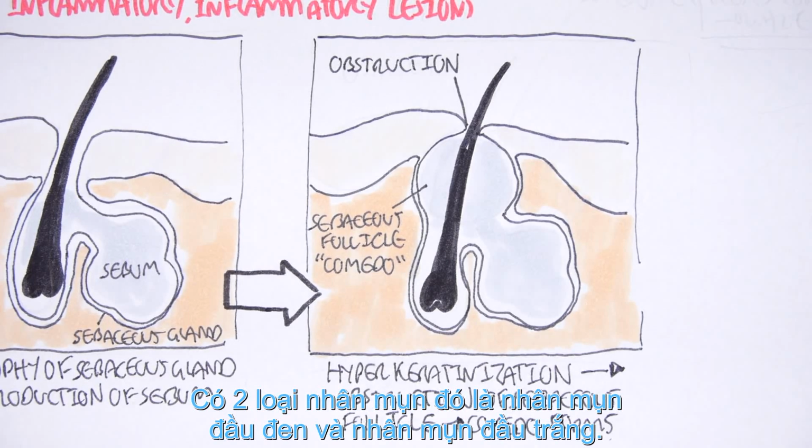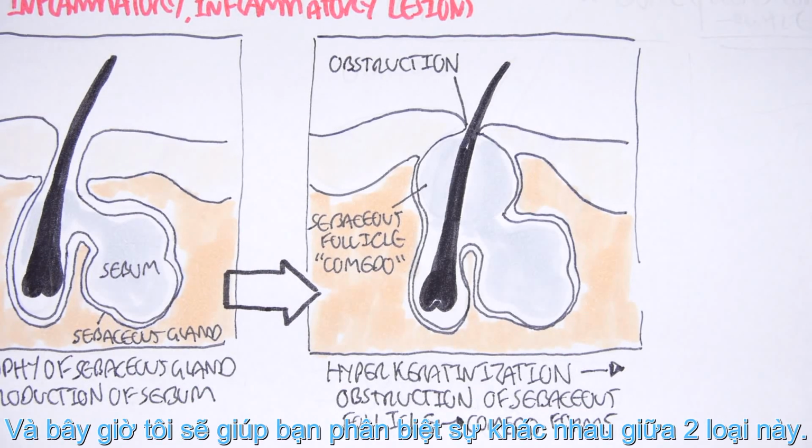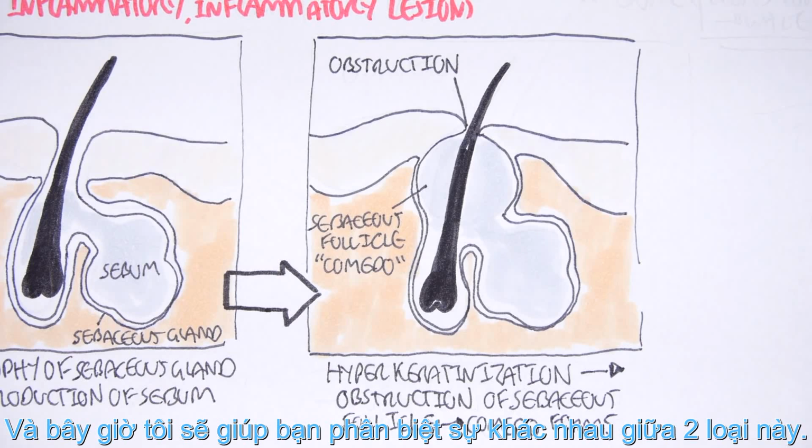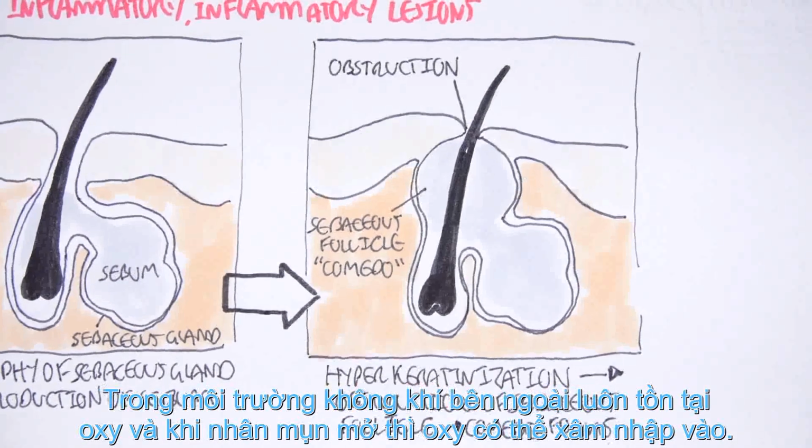Now you might remember that there are two types of pimples, the whiteheads and the blackheads. Now I will explain to you the difference. Remember that we have oxygen outside here.